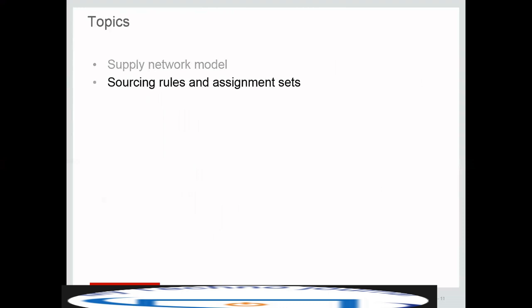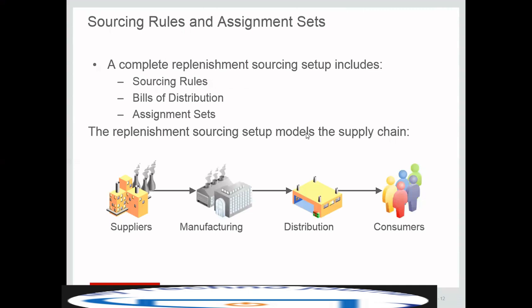So in the next topic, we will be talking about sourcing rules and assignment sets. Before going into the details of sourcing rules and assignment sets, before you generate your production plans, you need to describe how you intend to obtain each of your material items.